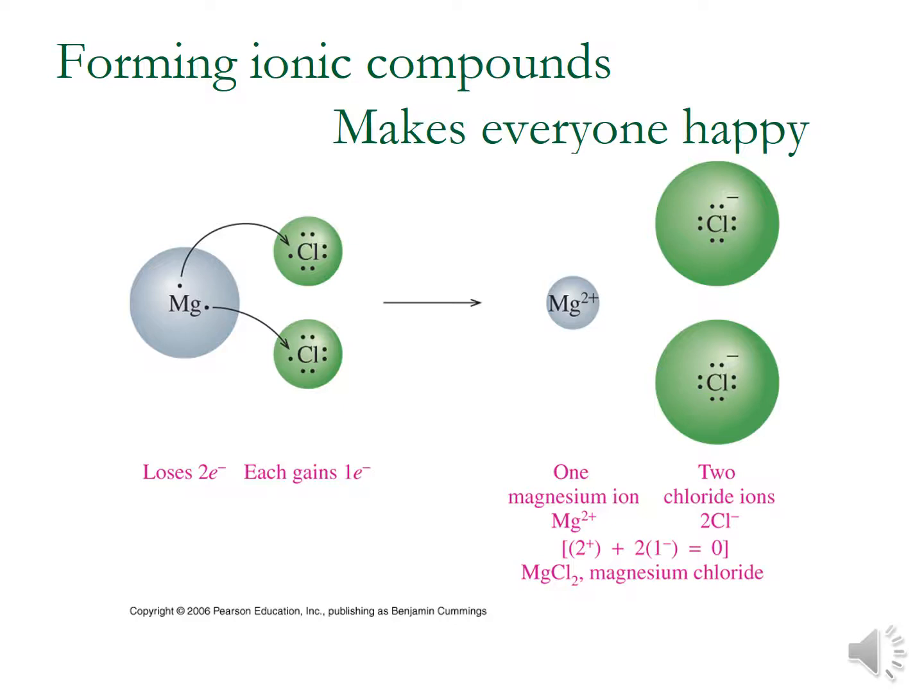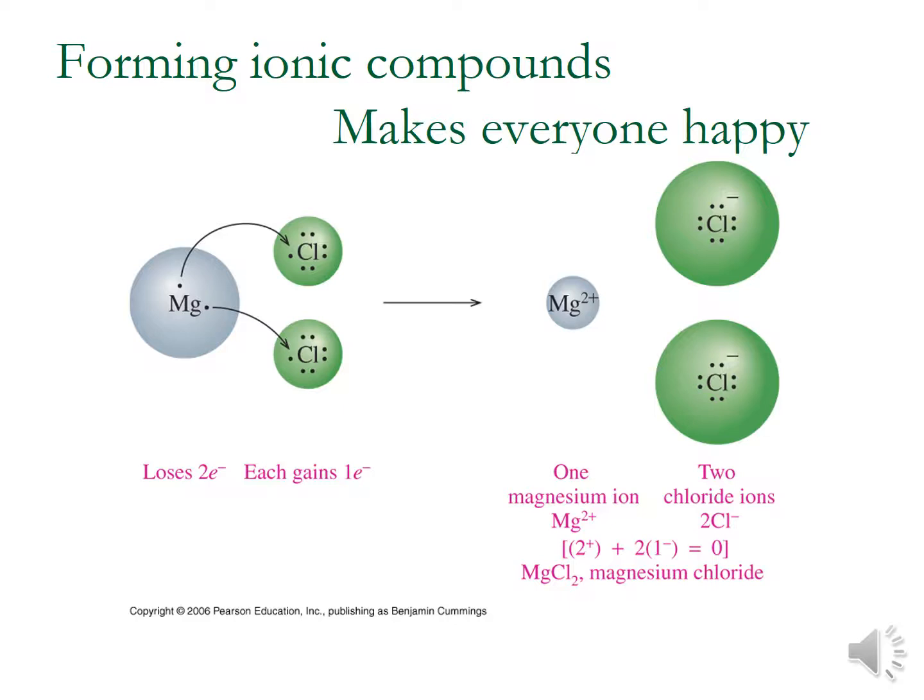So now let's take a look at a formation of a cation and an anion at the same time, and take a look at how both the atom losing electrons and the atom gaining electrons can both be forming octets at the same time. Magnesium has 2 valence electrons and chlorine has 7.